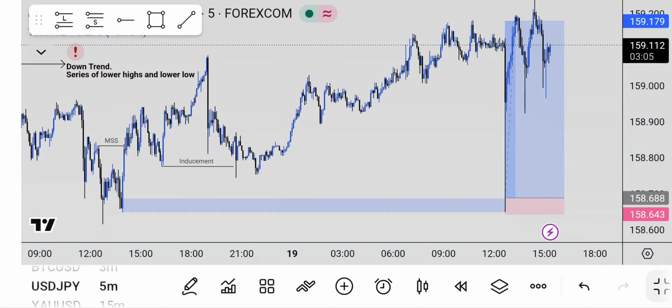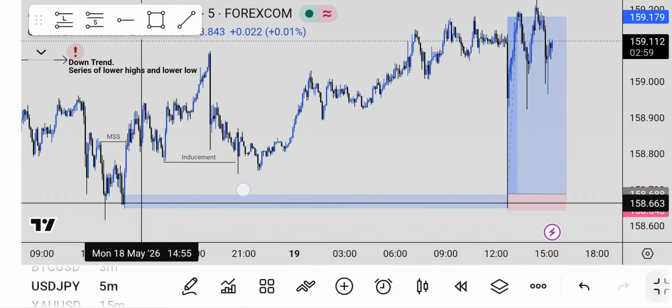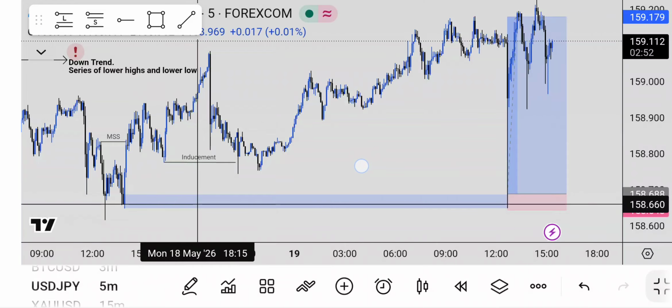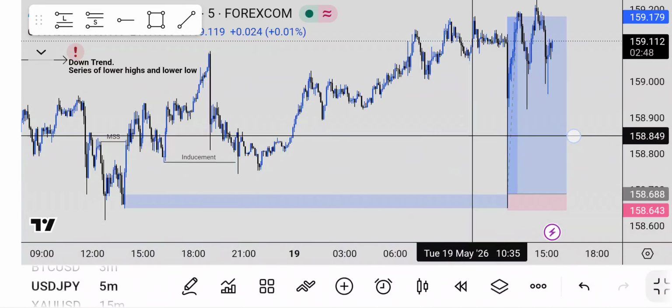Remember, this is on USDJPY. Like I told you, market structure shift, inducement, point of interest. These three key things: market structure shift, inducement, point of interest. I know I don't like making my videos so long, but I just hope you guys understand. This is just how I was able to catch yesterday's trade.